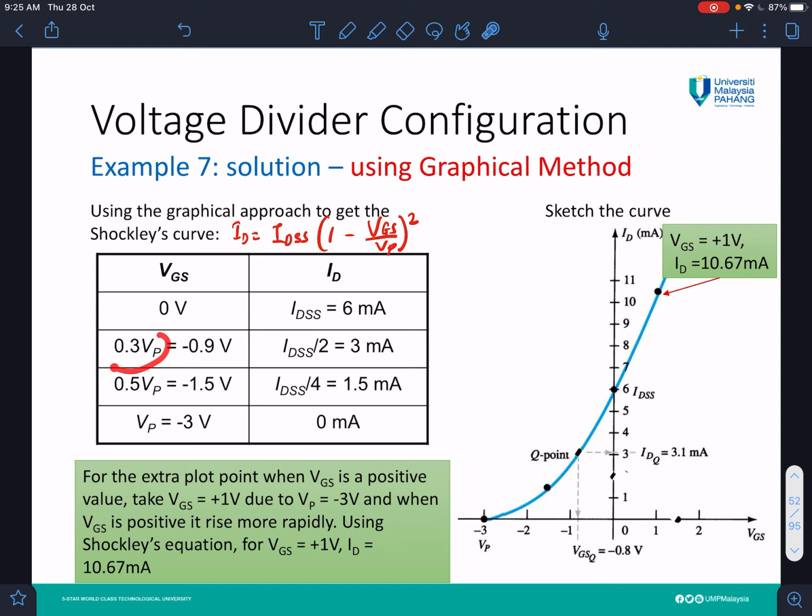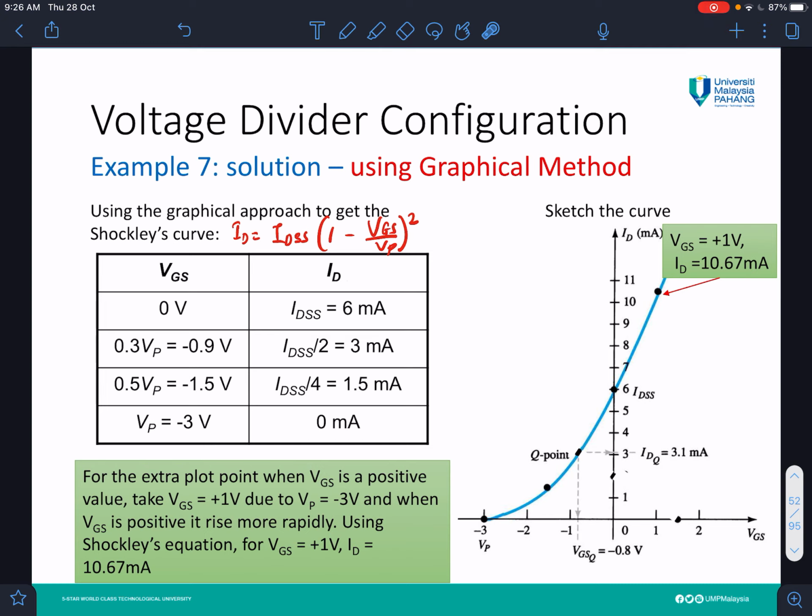When we insert VGS equal to 0.3 VP, we get this value, and the rest follow the formula. Then you just calculate, and you get negative 0.9, negative 1.5, and negative 3 for the VGS.